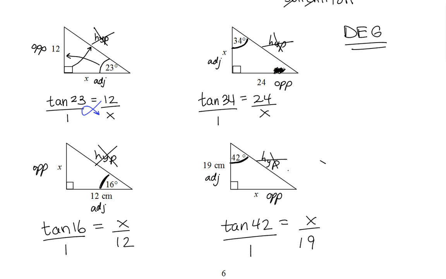So the proper way to solve this one would be like this. X equals 12 over tan 23. It's 12 divided by tan 23. What do you notice from the black to the blue ink? What switched?